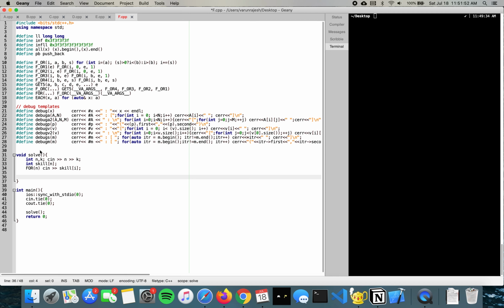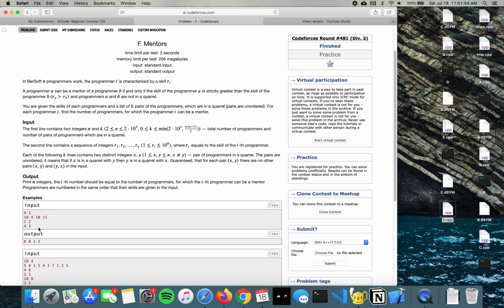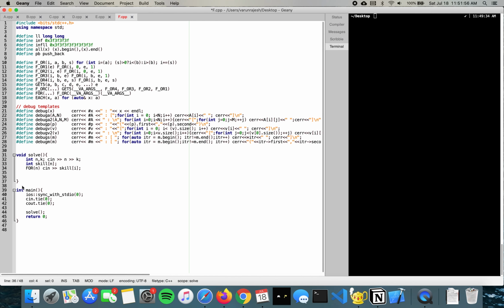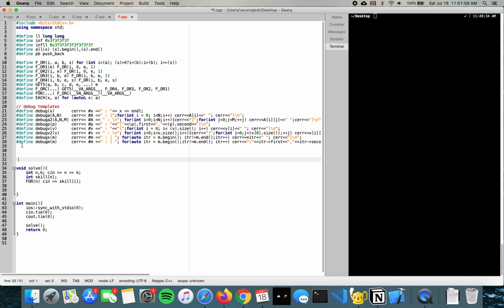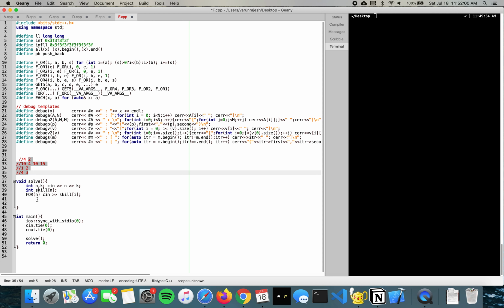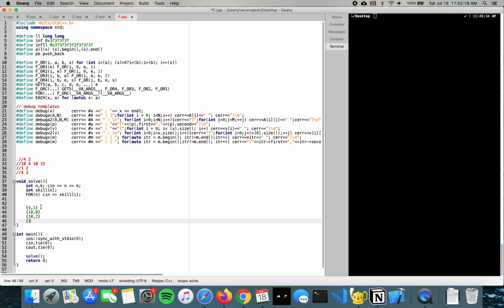Let's say in the first example, let's just copy this here. So the skill level will be 10, 0, then 4, 1, but since it's sorted, this will be before, and then 10, 2, and then 15, 3.